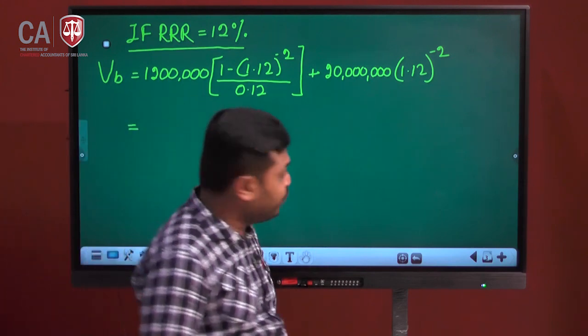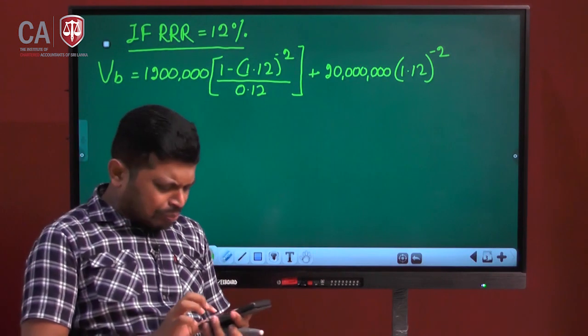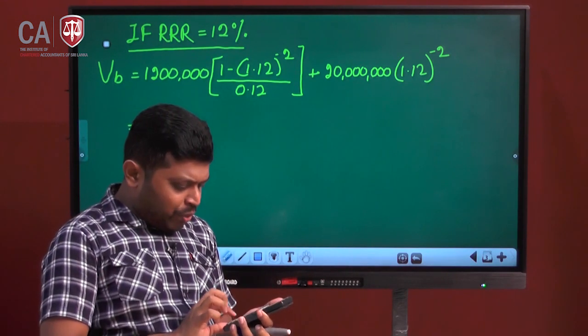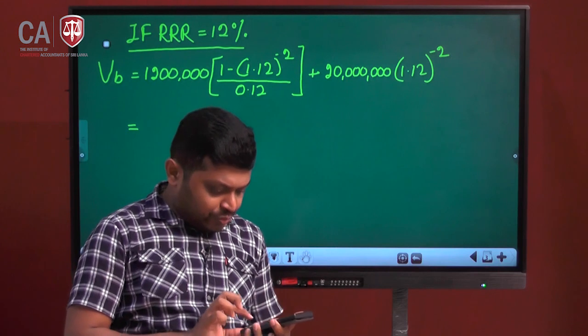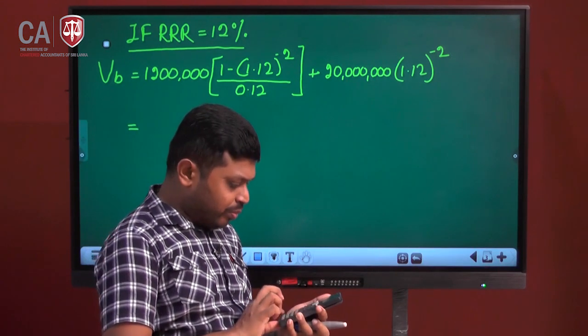Calculate the present value if your required rate of return is 12%.